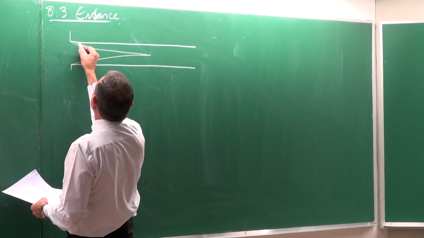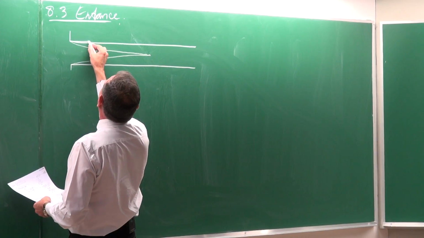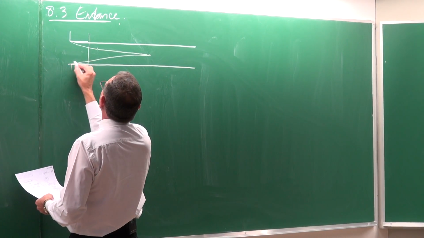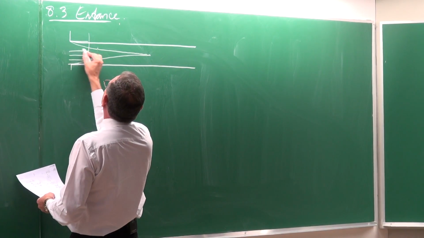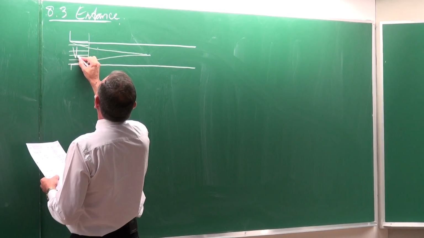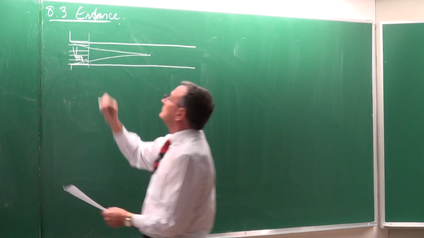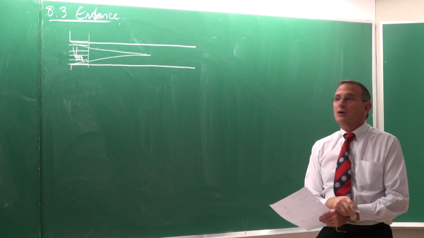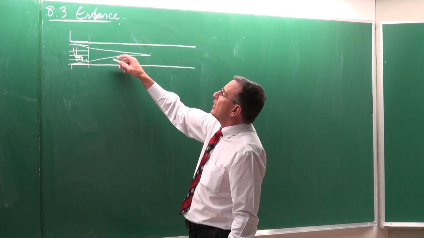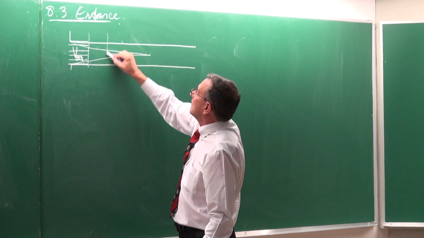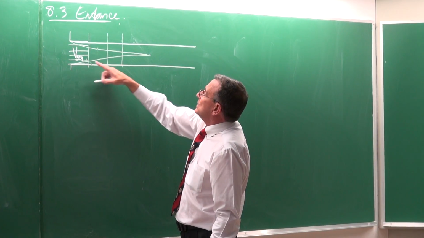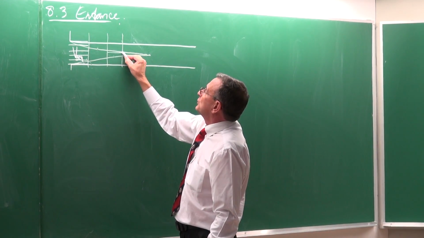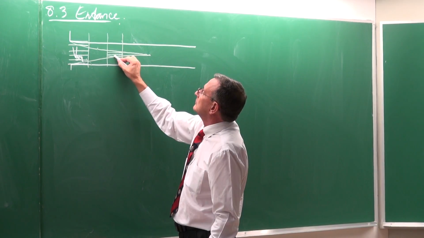So if this is equal to the inlet velocity, if that is equal to V average, then all the flow outside the boundary layer is not even going to know about the boundary layer.